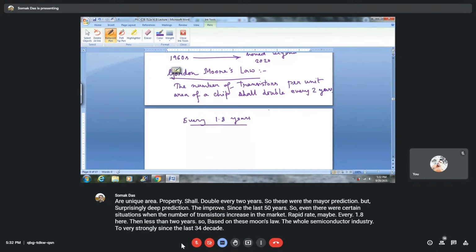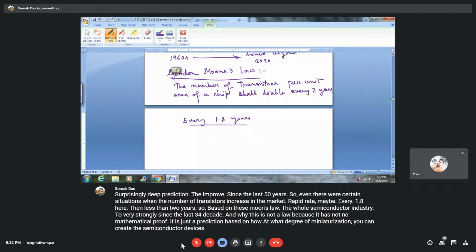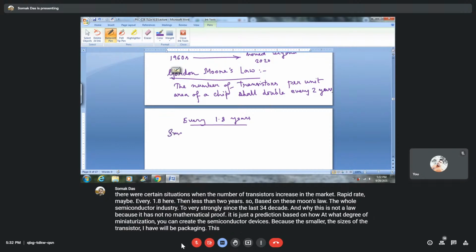And why is this not a law? Because it has no mathematical proof. It is just a prediction based on the degree of miniaturization at which you can create semiconductor devices. Because the smaller the size of the transistor, the higher will be its packaging density.